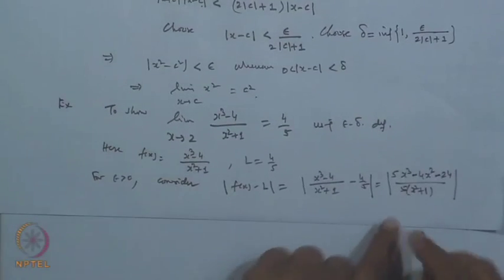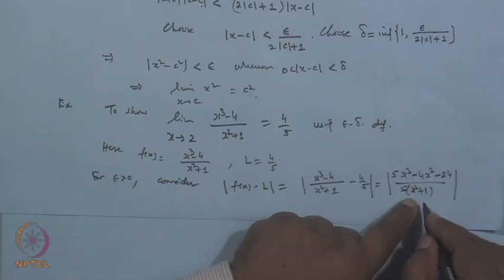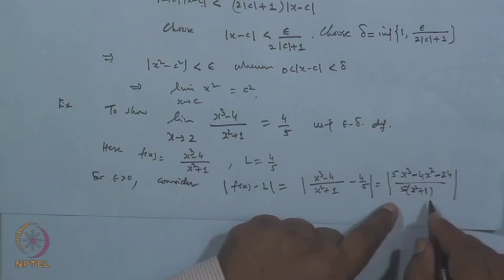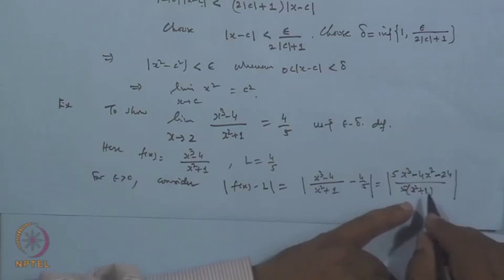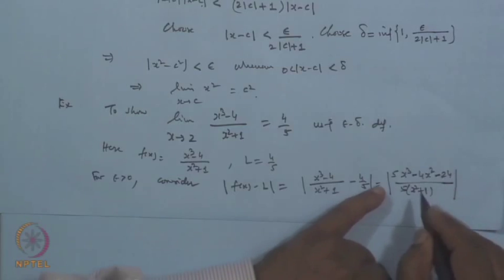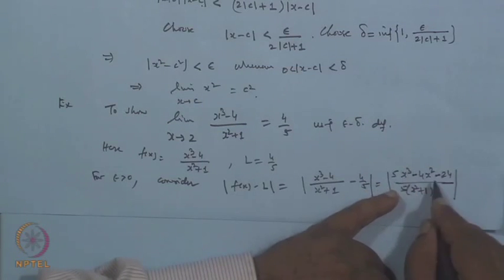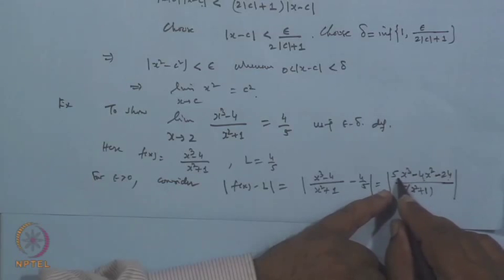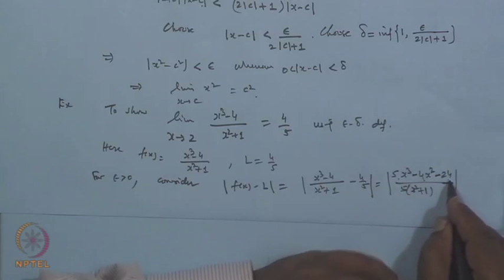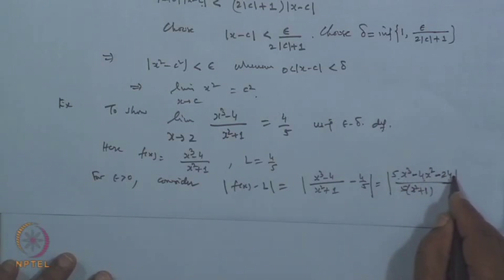Now, here the numerator is one degree higher than the denominator. So, what we do first, we separate out the factors. If we look at the numerator, x equal to 2 is satisfied here: 40 minus 16 minus 24 equals 0. It means x minus 2 will be a factor of this expression.